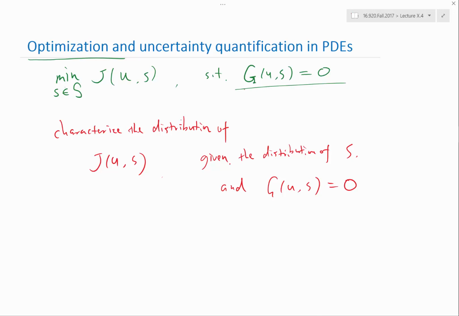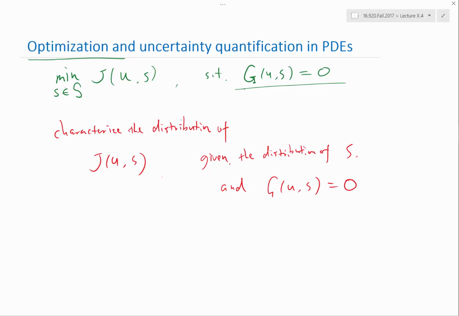So if I can measure from a particular manufacturing process what the expected variation is, then I want to quantify the distribution of lift, or let's say the distribution of range or some other important quantity. You want to make sure with like 99.9% probability it satisfies my design criteria.